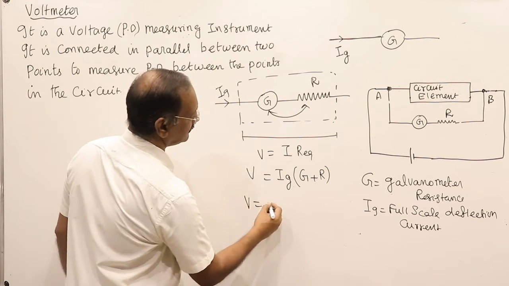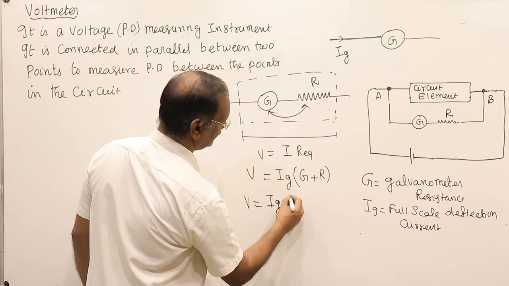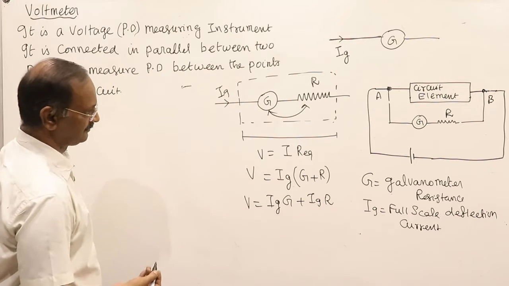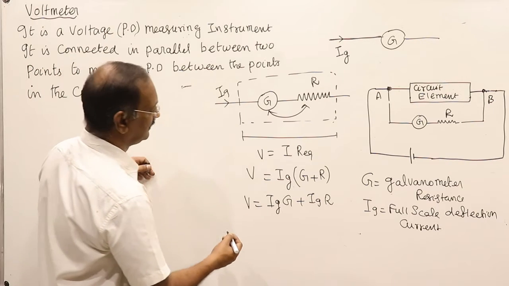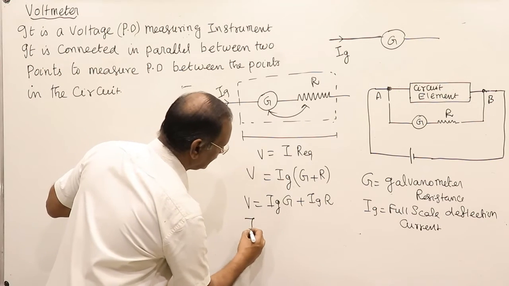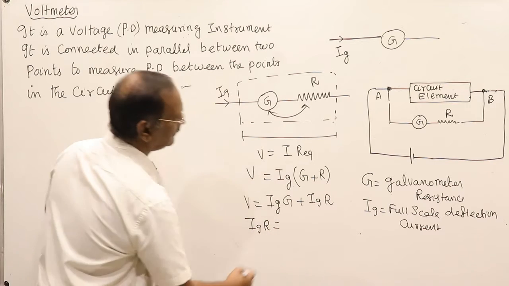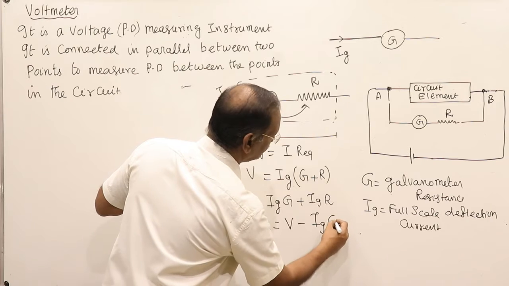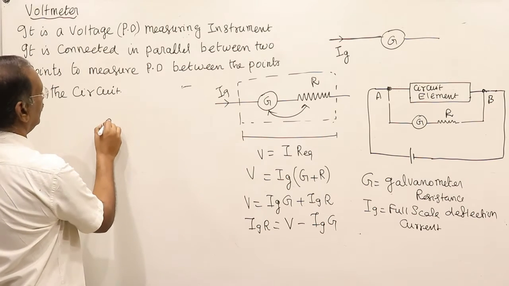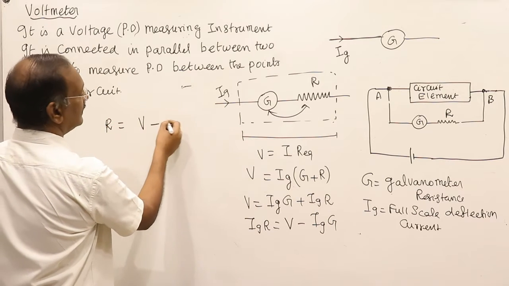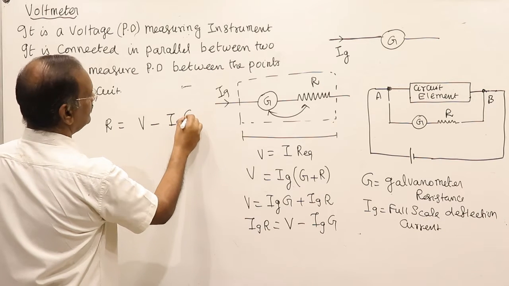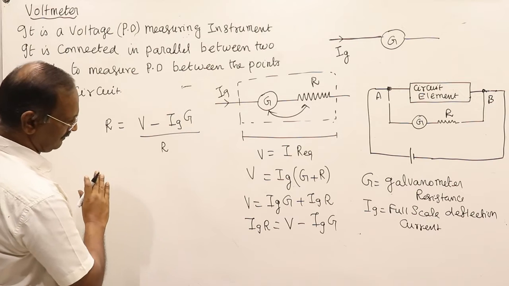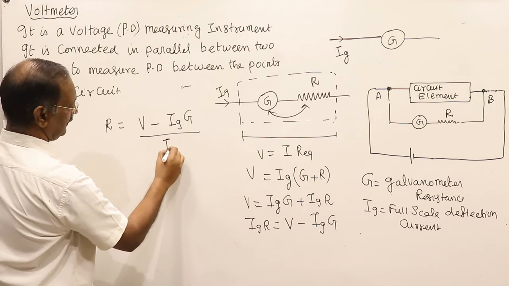V is equal to Ig into G plus Ig into R. Since we need R, we can simply write Ig into R is equal to V minus Ig into G. So R is equal to V minus Ig into G, divided by Ig.